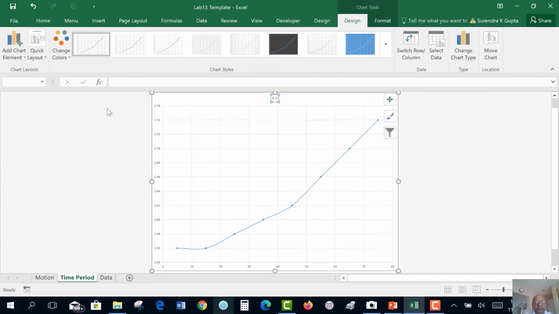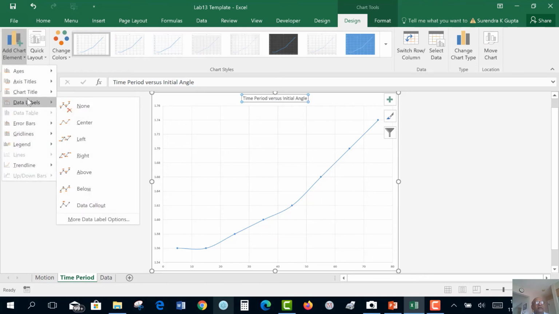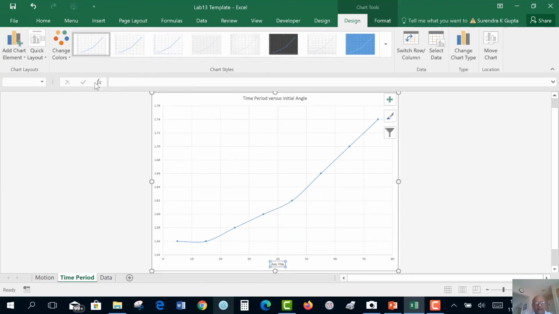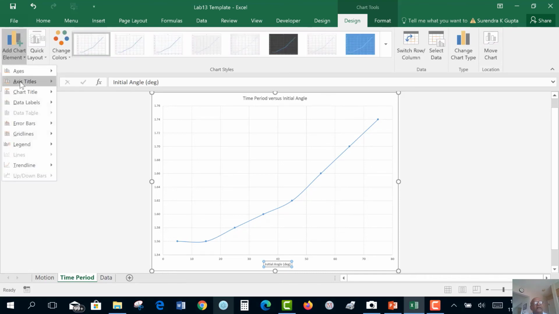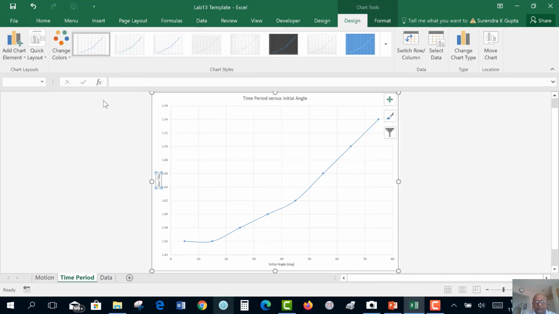So chart title, time period versus initial angle. Okay. So this is initial angle in degrees. Vertical is our time period in seconds.